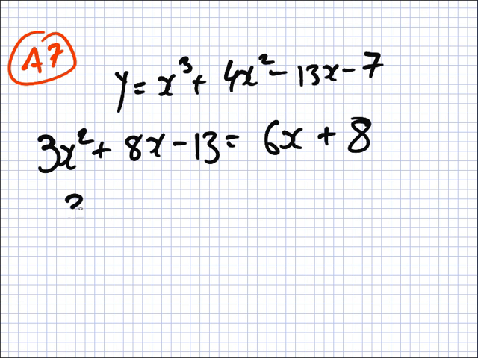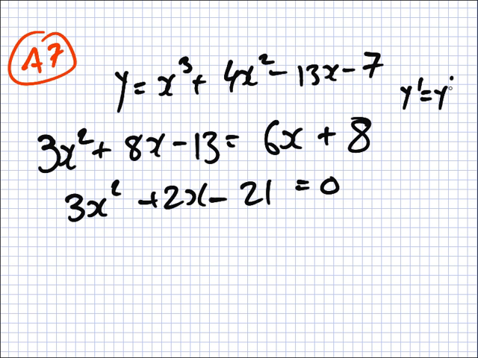Let's take everything to the left: 3x squared plus 2x minus 21, is it? Yeah, from where 6x plus 8 is the second derivative. Can this have factors or not?